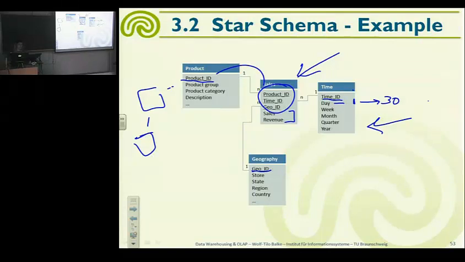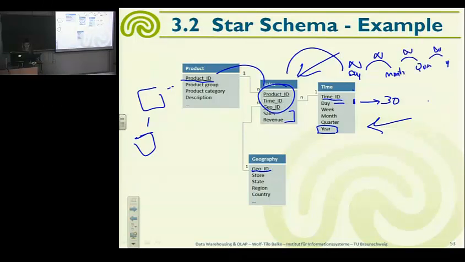Because you don't have to do the joins between a different product group. And this comes down to the queries that are coming in. If most of the queries are coming on the top level, on the year level, using a snowflake schema means you have to do one join with the time dimension, with the day, and then with the month, quarter, and then year.